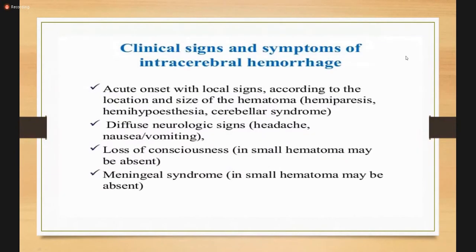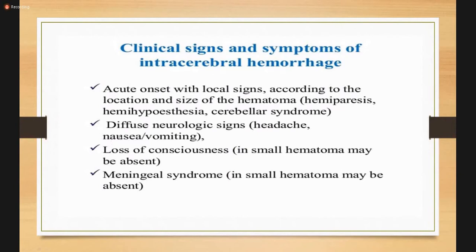The clinical signs and symptoms of intracerebral hemorrhage are acute onset with local signs according to the location and size of the hematoma. It depends on where the hematoma occurs, which lobe or which part of the brain is involved. If it involves the cerebellum, the patient has cerebellar syndrome, or with the right or left hemisphere, the patient has hemiparesis.